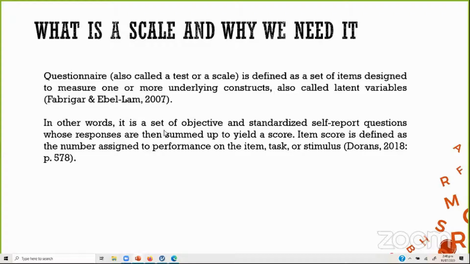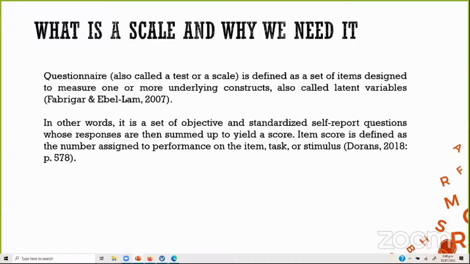In other words, it is a set of objective and standardized self-report questions whose responses are then summed up to yield a score. For example, you ask 4 or 5 questions pertinent to corporate social responsibility or servant leadership or internal marketing.